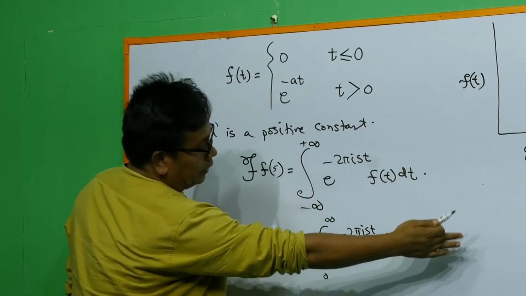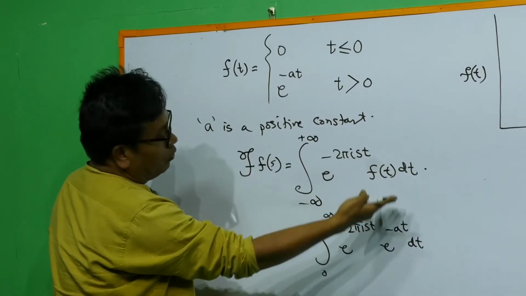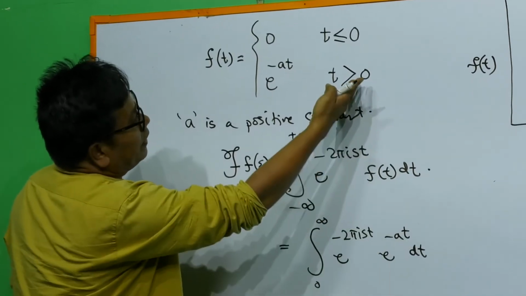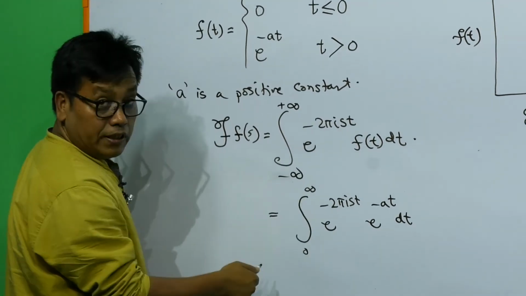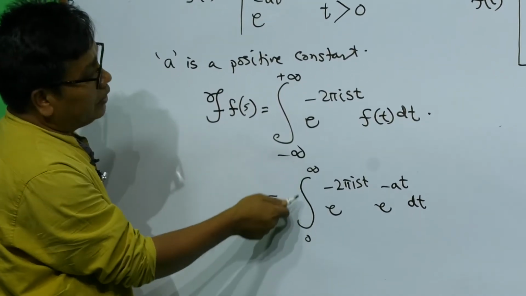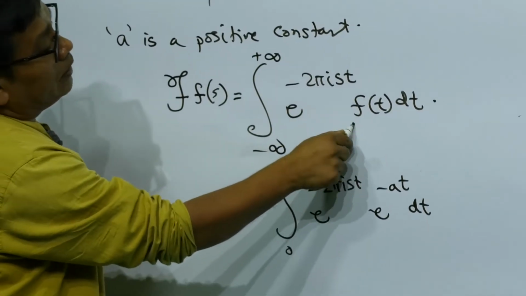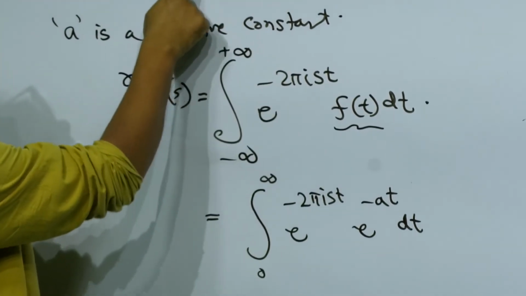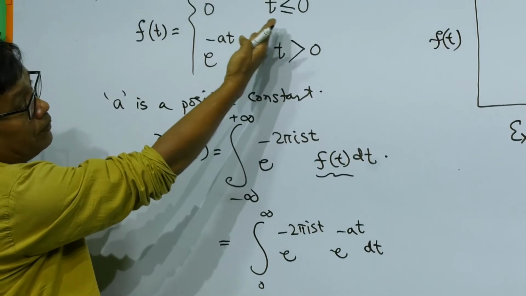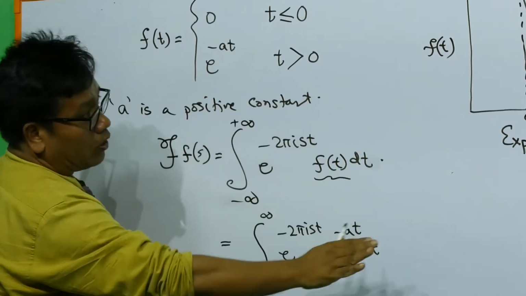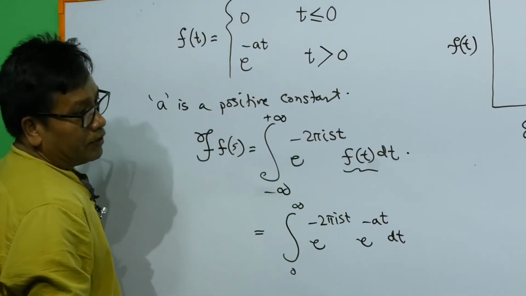So I'm not putting the 0 part, I'm just taking this part: f of t will be equal to e power minus a t when t is greater than 0, in the sense that it lies between 0 and infinity. So by definition, the integral over 0 to infinity of e power minus 2 pi i s t times f of t, where f of t is replaced by e power minus a t under the condition that t is greater than 0. For the points when t is less than or equal to 0, the function is 0, so I'm not putting that part. This is how we write out the Fourier transform of the function.